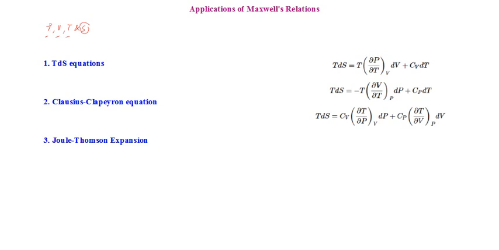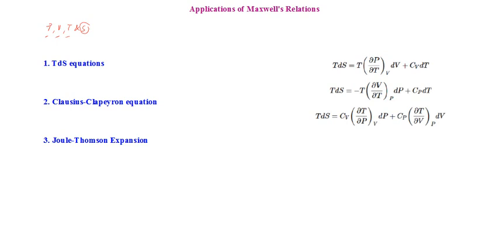So in situations involving a change in entropy, we should devise some method by which we find the change in entropy in terms of the other measurable quantities like pressure, volume and temperature. And for this we will be using a set of relations which are known as TdS equations.